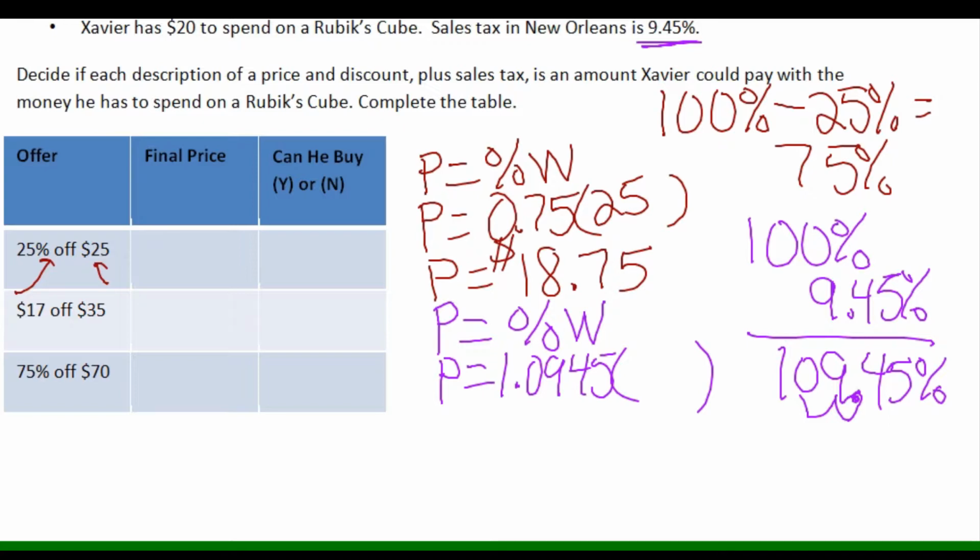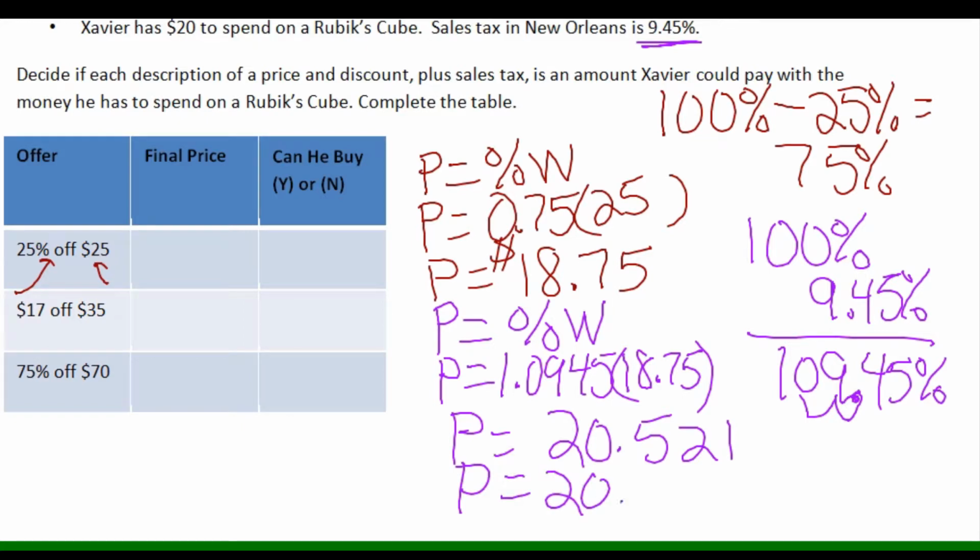And now I have to substitute my whole in, which is $18.75. And when I multiply those two together, my final answer will be here, but we have to round because it's money.